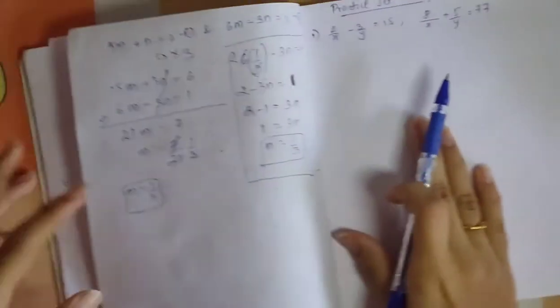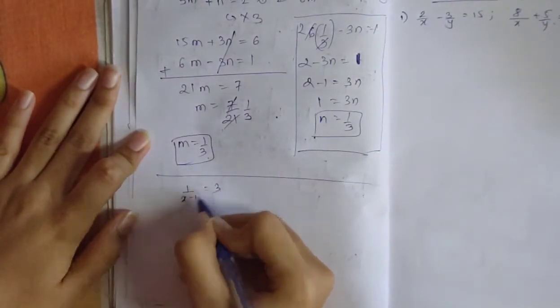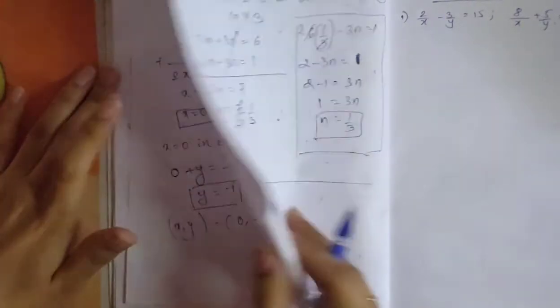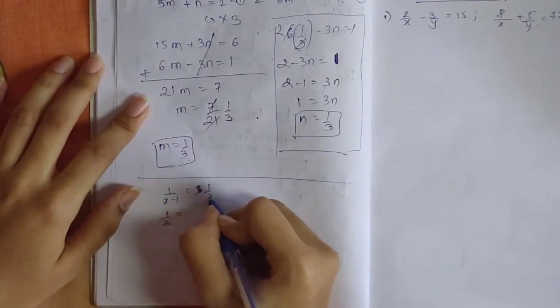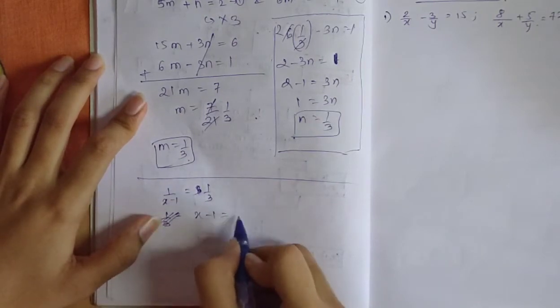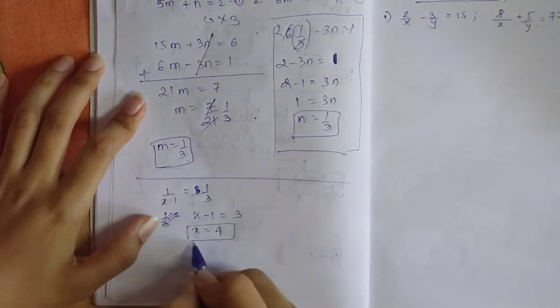That means your x minus 1 is equal to 3, your x is equal to 3 plus 1. So x is 4.